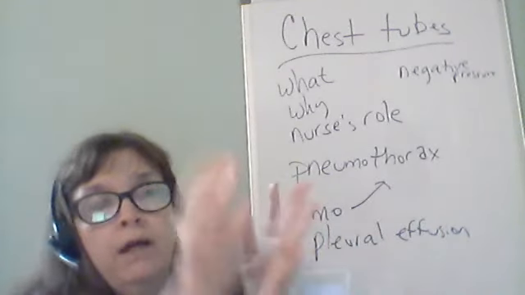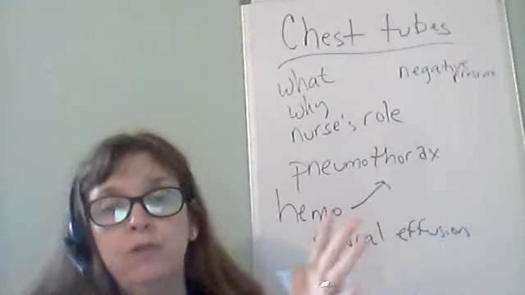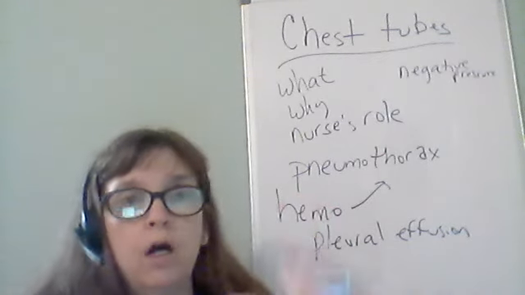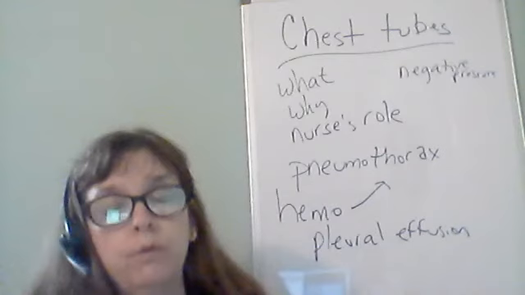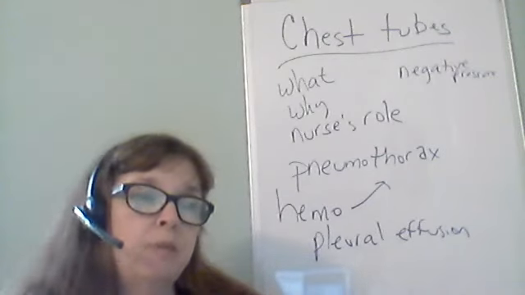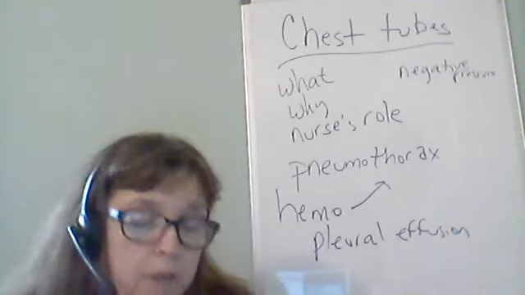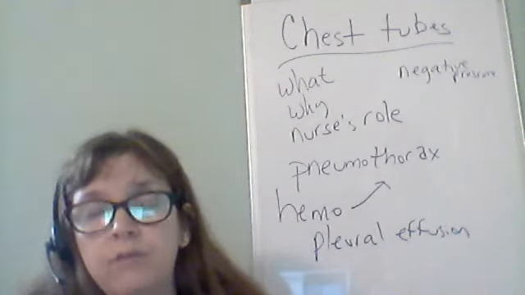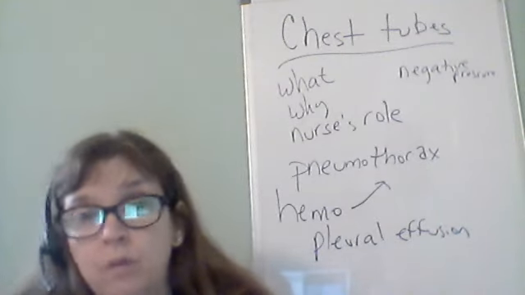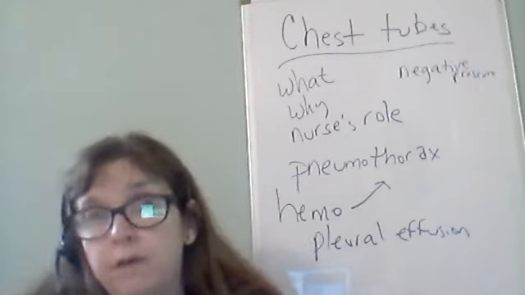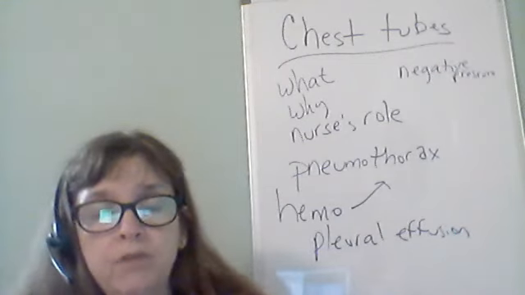So when the air is going out of that pleural space through the tube, it goes underwater in order to safely escape so that it doesn't bubble back into that chest tube. We look at the chest tube device for signs of that air escaping, and if they have a pneumothorax, we want there to be air escape.